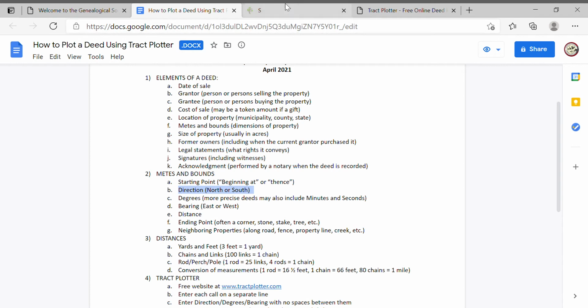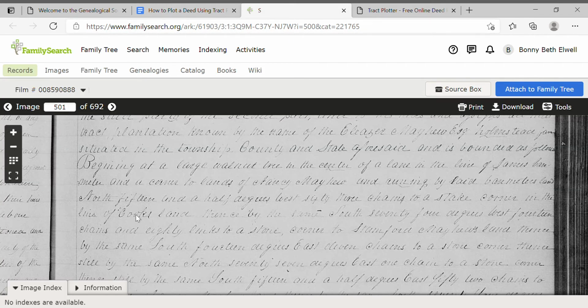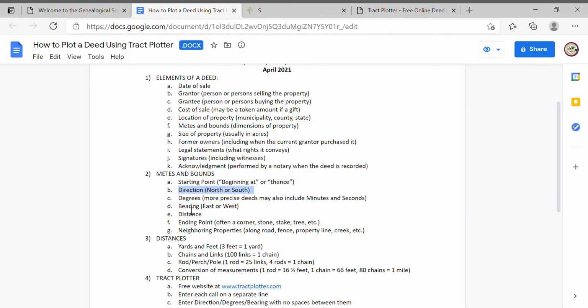It may include minutes and seconds. So here we have 15.5 degrees. Okay, now since there's 60 minutes in a degree, half a degree would be 30 minutes. So it's 15 degrees, 30 minutes.